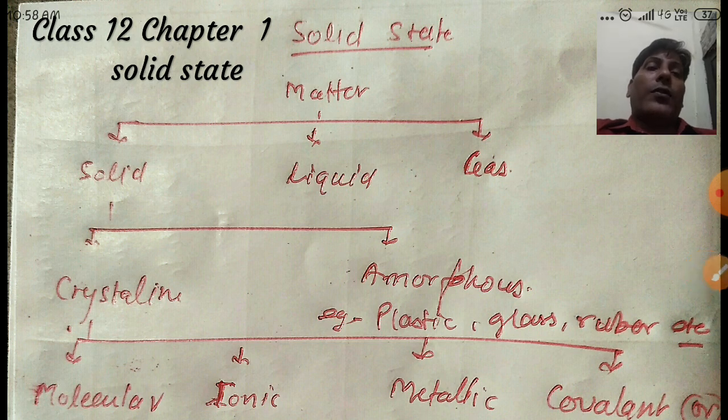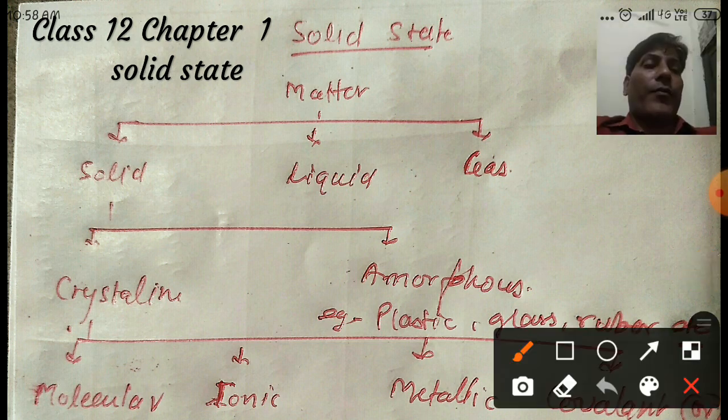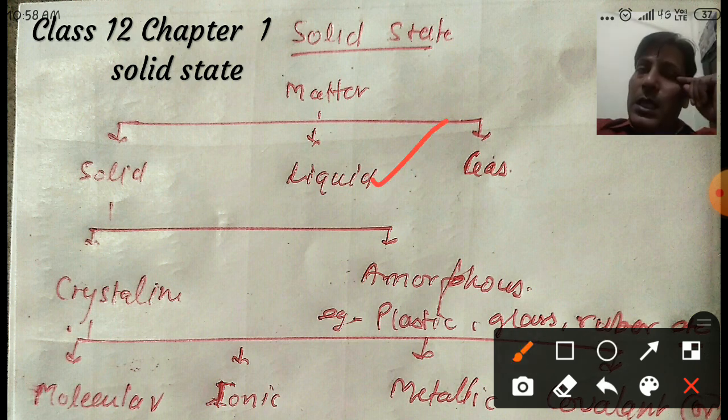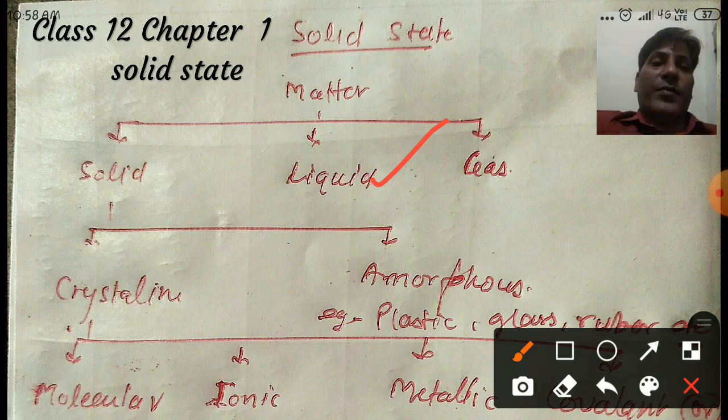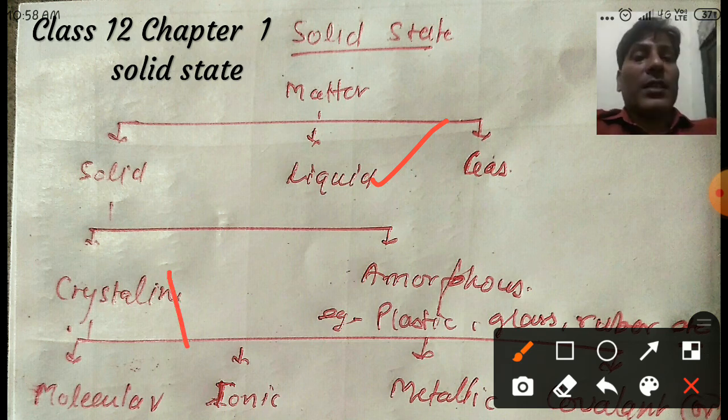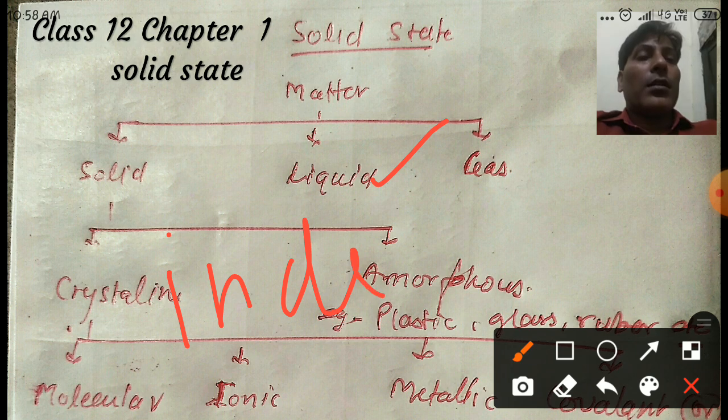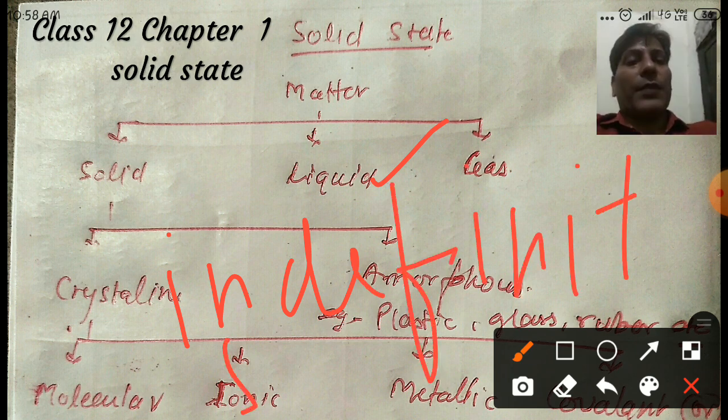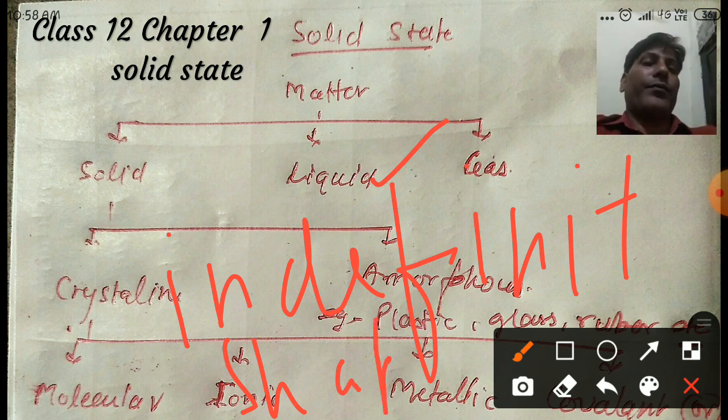Now we classify liquid. What is liquid? Any matter which has definite volume but indefinite shape is called liquid.